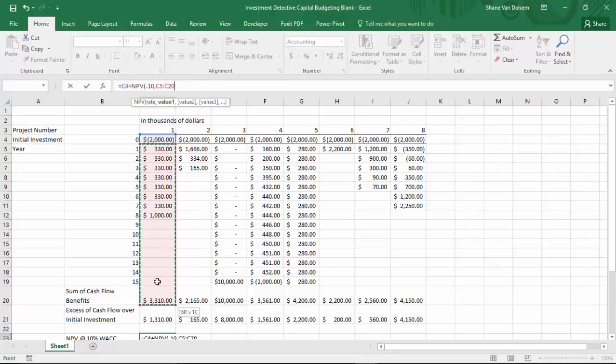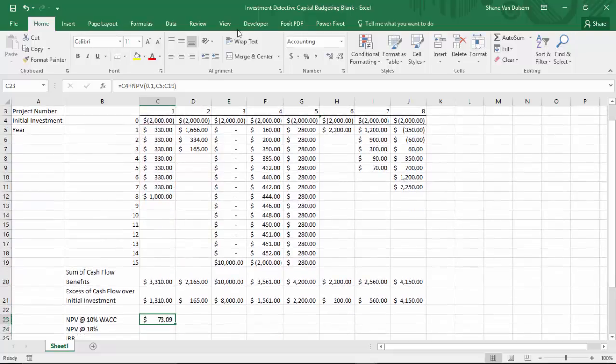I'm going to highlight all these. So I have all the years here, even the ones after that, and you'll see why when I get to the end of this, and then I put a close parentheses, and I get my answer. My answer is $73,090, because these are in thousands of dollars.